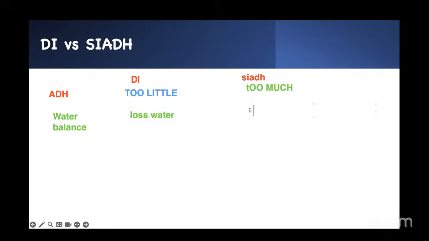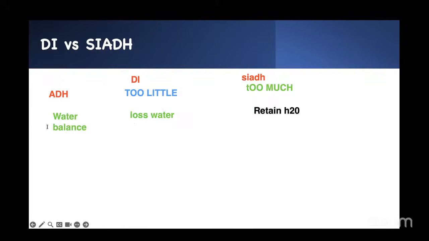We have too much ADH. Therefore, are we going to be losing water or gaining water? Gain water. So this is water retention. You're going to retain water. And so you see the picture now, we have retention of water. That's what is going to happen in this situation.